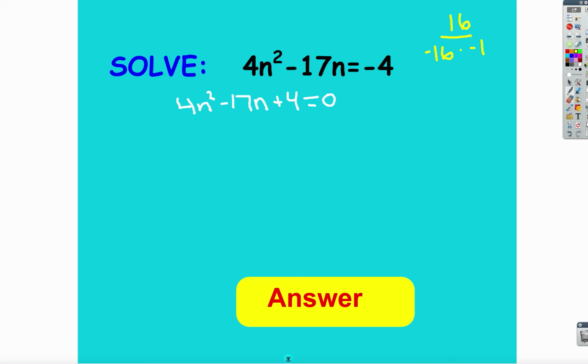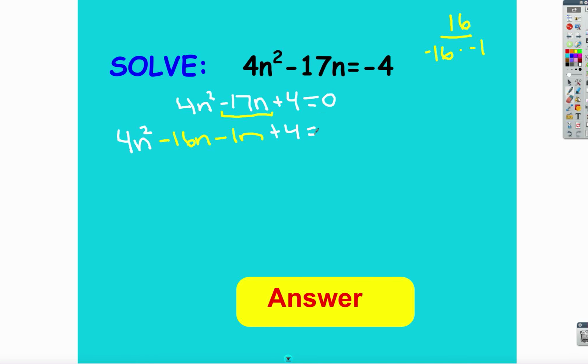So what I'm going to do is rewrite this trinomial, 4n squared, but this middle term, negative 17n, I'm going to rewrite as minus 16n minus 1n. Now notice it's still equivalent. It's the same value.